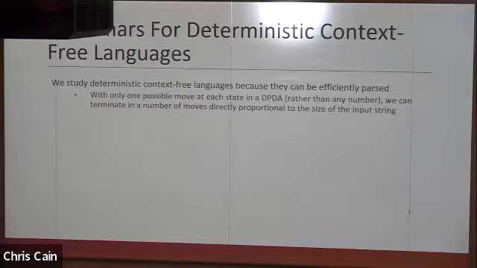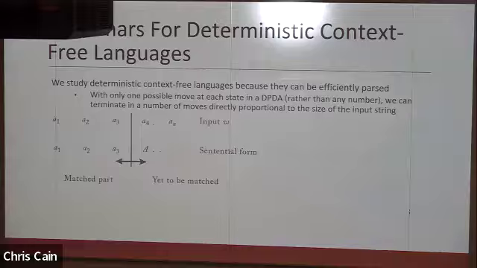So because there's only one possible move at each state in a deterministic pushdown automaton, we are able to guarantee that the number of grammar productions that we need to look through before we know whether or not the string is in the language, depending on what we can do to grammars, is going to be finite. It's going to be something proportional to the length of the input string.